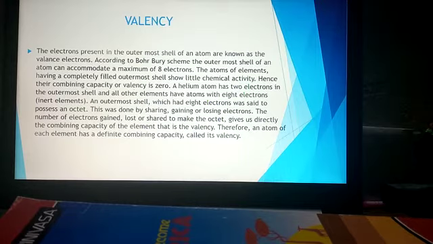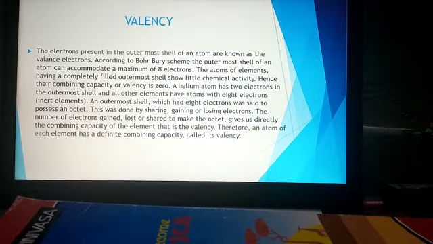So according to the Bohr-Bury scheme, the outermost shell of an atom can accommodate a maximum of only 8 electrons.